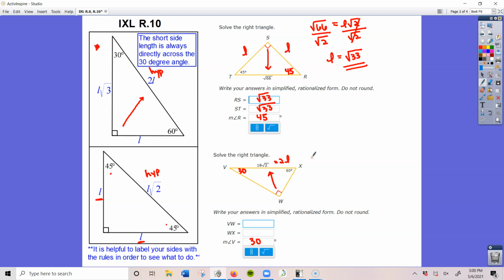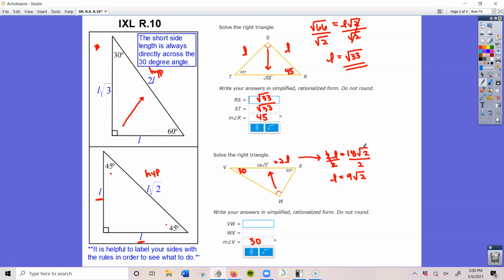So I'm going to use that equation to solve for L. I'm going to divide the 2 to both sides, and I get that L is equal to 9 square root of 2. Now how do we get this number?